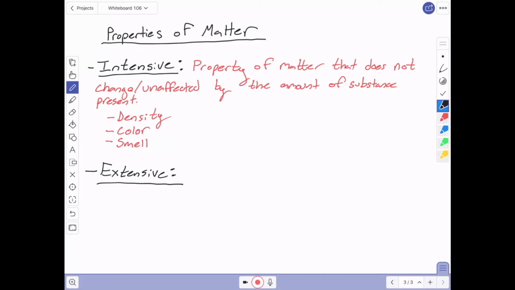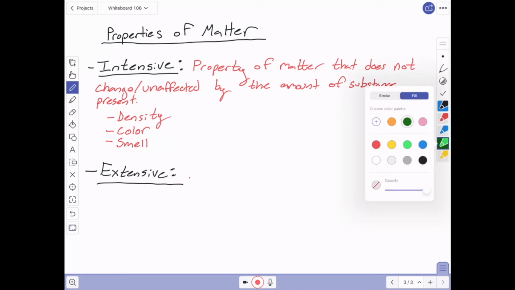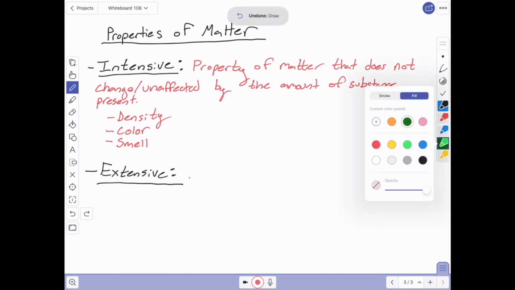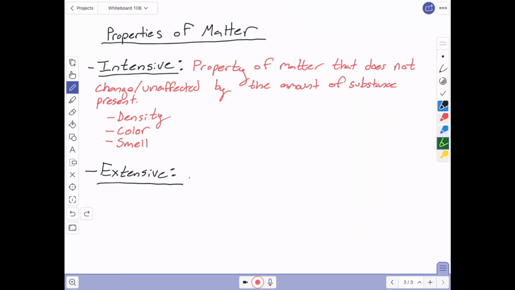Extensive properties of matter. Let's get a different color. Oh, that is bright. Horrendous. There you go. Properties, and you can guess.